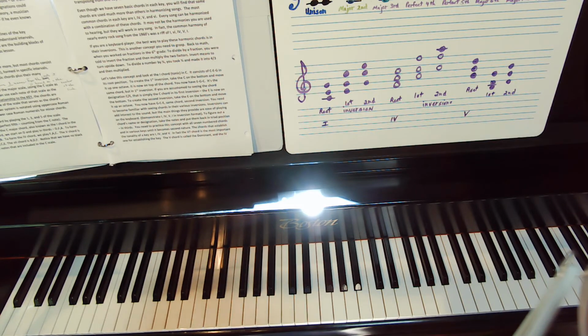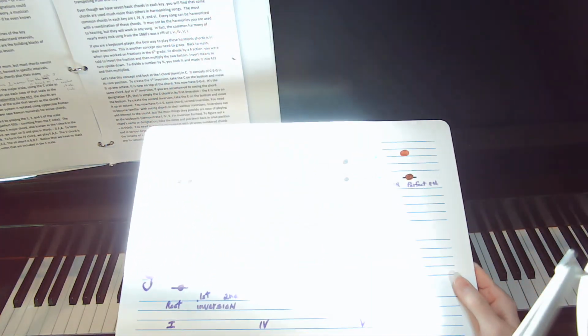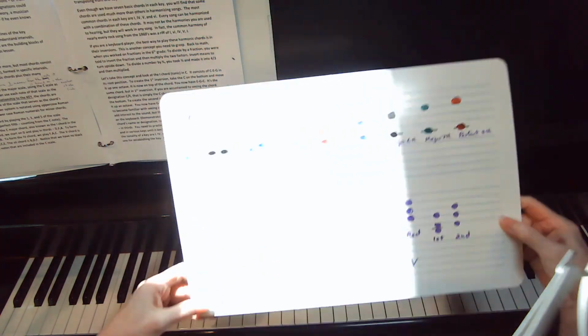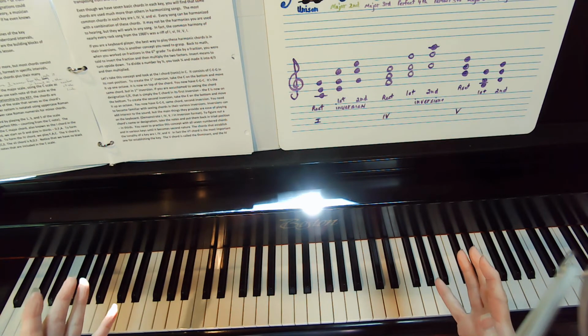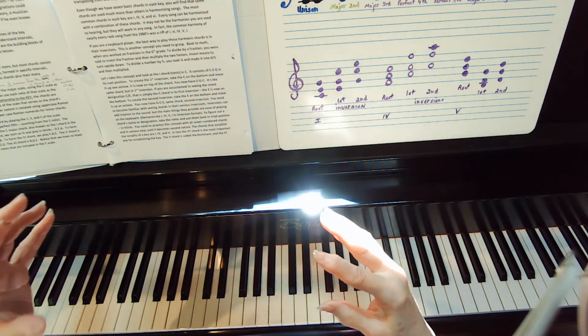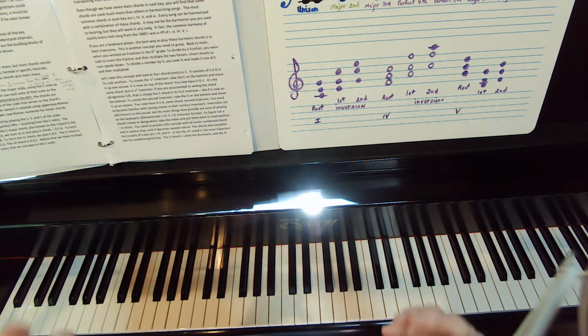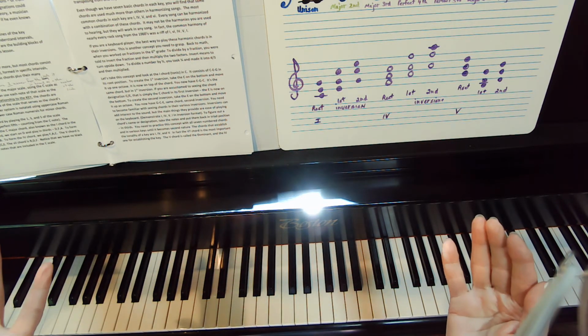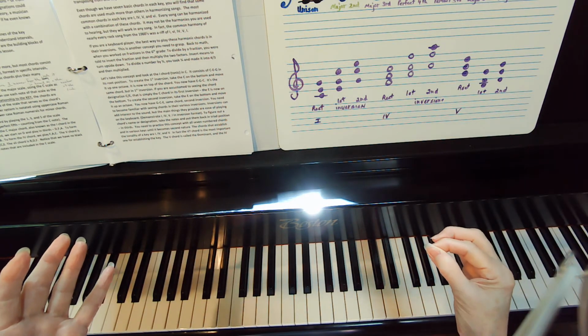That's why I'm telling you, either sit down and do a thing like I did here and write them out with the inversions, or get a piece of notebook paper, make yourself a chart, and write down, okay, key of C, 1 chord, C, 4 chord, the F. And if you don't know what the notes in those chords are, if you don't know that the C chord is C, E, G, then write that down on your notes.